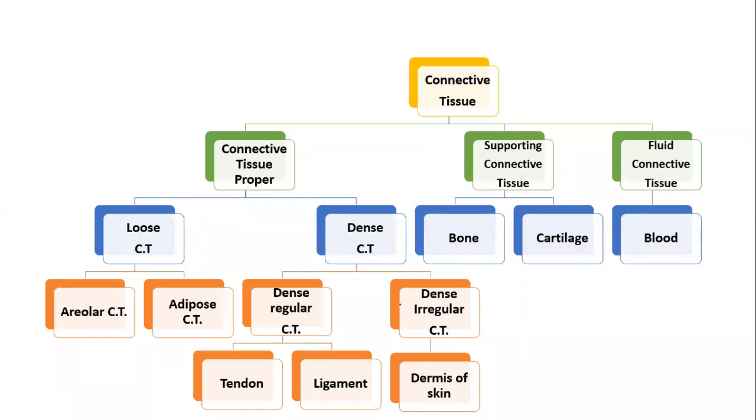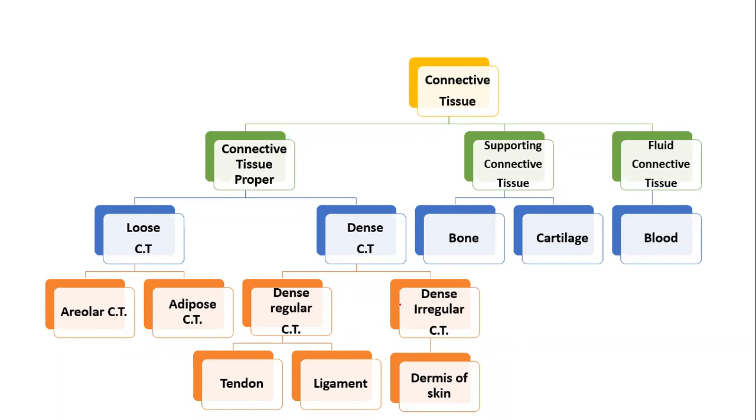In the NCERT textbook, the classification is slightly different. We will see that later on. Connective tissue proper is further classified into loose and dense connective tissue. In loose connective tissue, the matrix, which is the intercellular substance, is semi-solid.